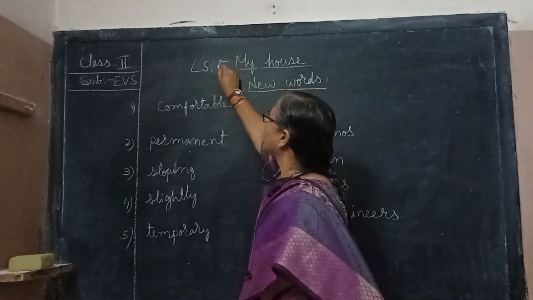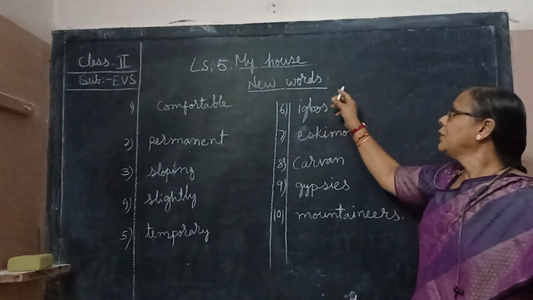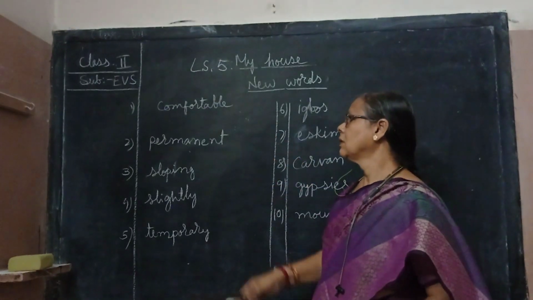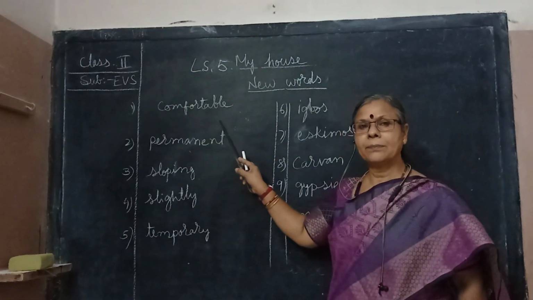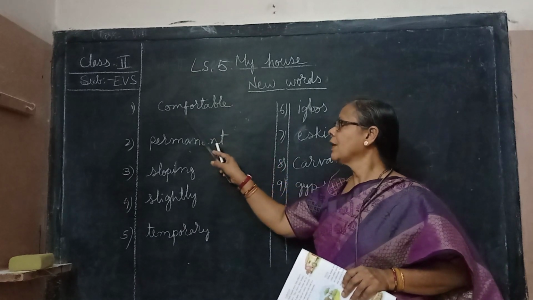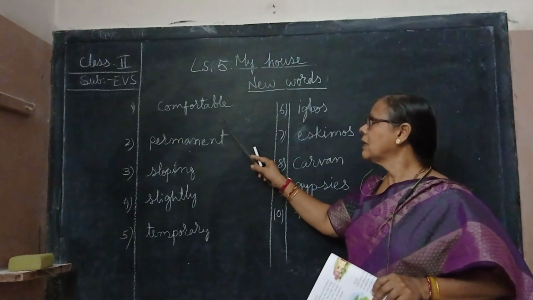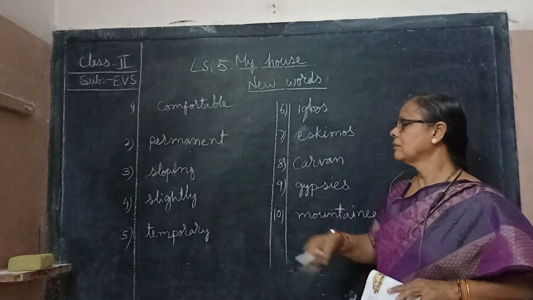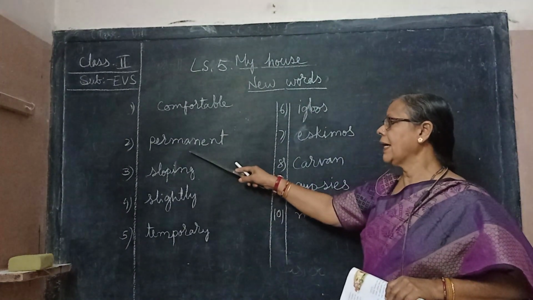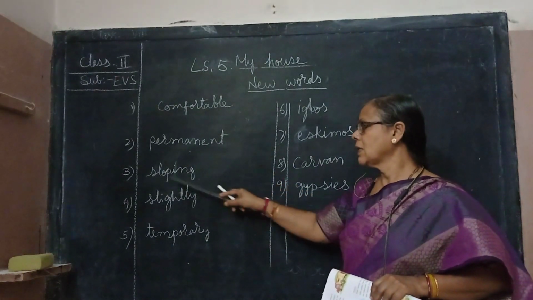Lesson number 5. My house. Then write new words. First is comfortable. Comfortable. Permanent.